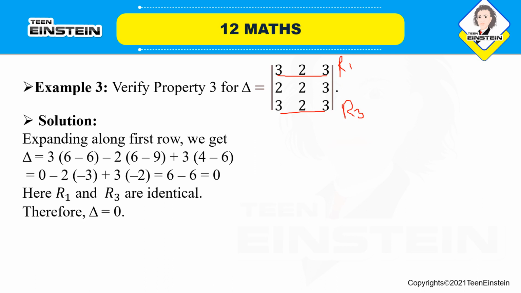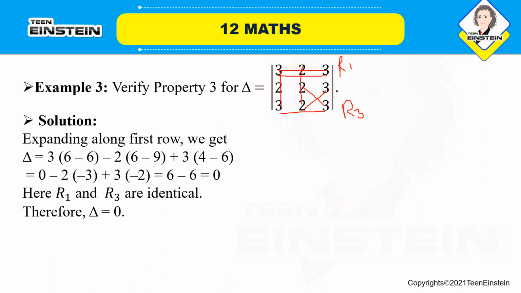Okay. So now I am going to expand along the first row. So 3 into, if you delete the row and the column having the element 3, then you will be getting 6 in the downward arrow, minus 6 in the upward arrow. In the next position we have the element 2. For this position you have minus sign. So minus 2 into, if you delete the row and the column having the element 2, then you will be getting 6 in the downward, minus in the upward you will be getting 9.